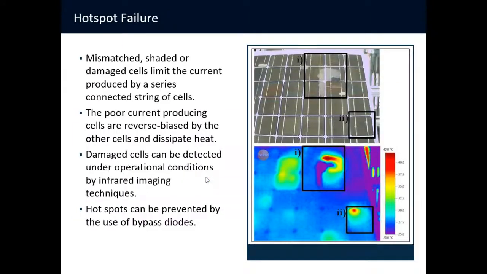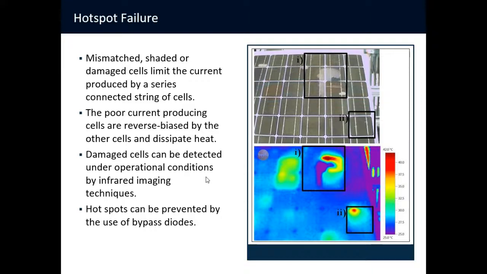So hotspots again occur when there's a mismatched, shaded or damaged cell, anything that can limit the current produced by the cells in a series connected string.